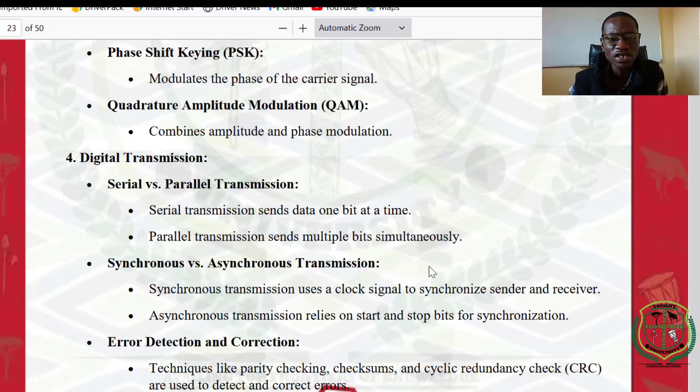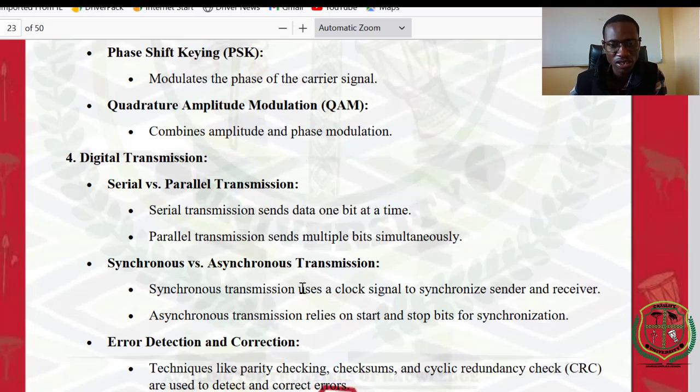So this synchronizing uses a clock. It has got a timer, the way it moves quick, as it is moving, it is updating.